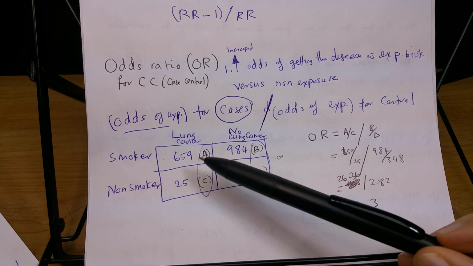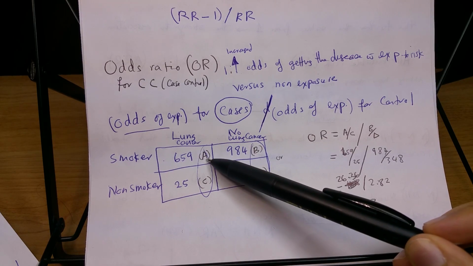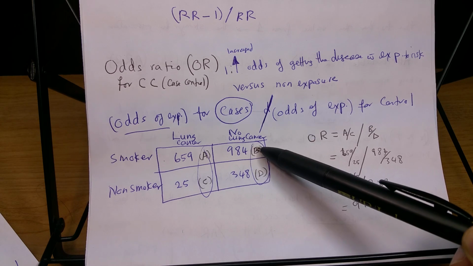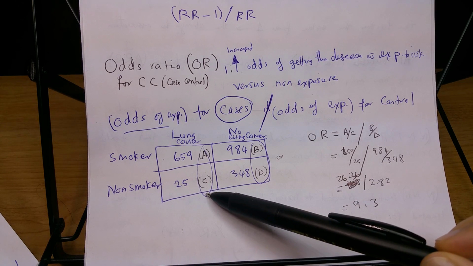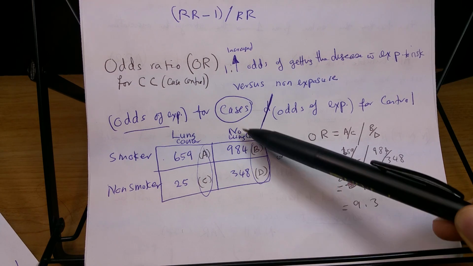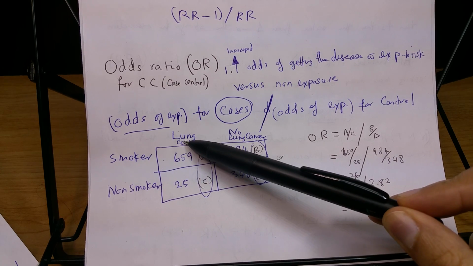There's another formula where we cross-multiply: A times D divided by B times C. But sometimes they don't give you the table like this. Sometimes the diseases are in this area and the controls are in here.